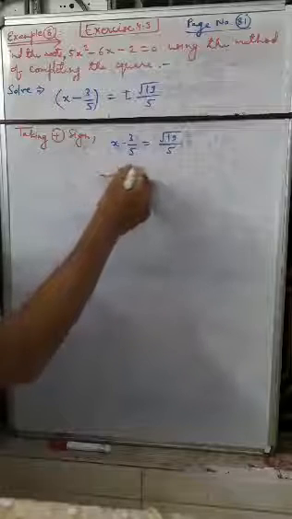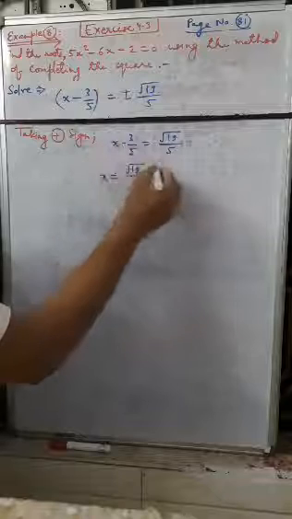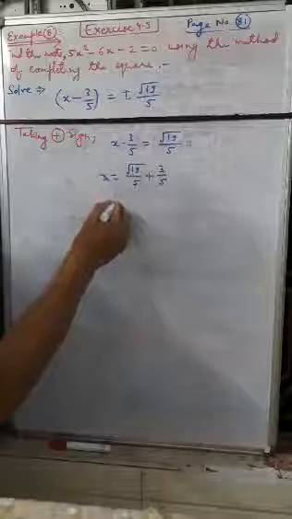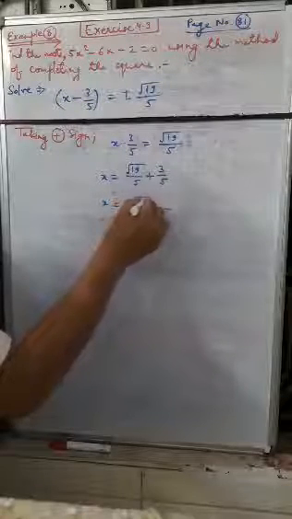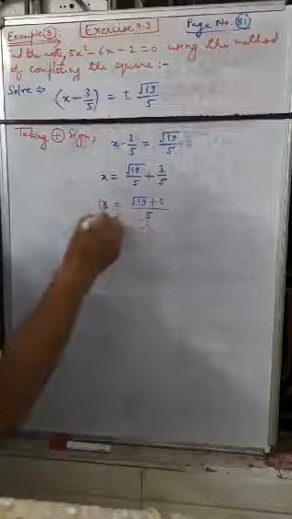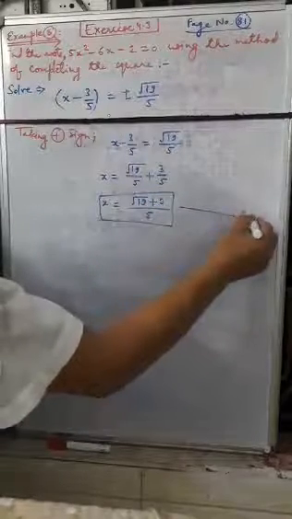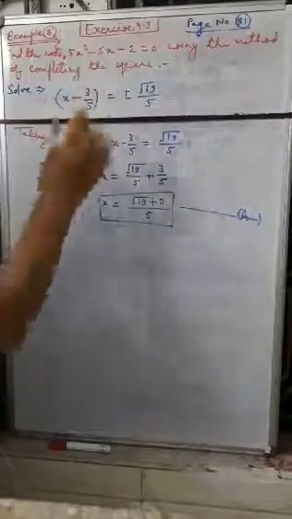So x is equal to under root 19 by 5 and transfer 3 by 5 at right hand side. So that will become plus 3 by 5. Now taking LCM, so 5 under root 19 plus 3. So it is the first root, or it is the answer of roots of given equation.